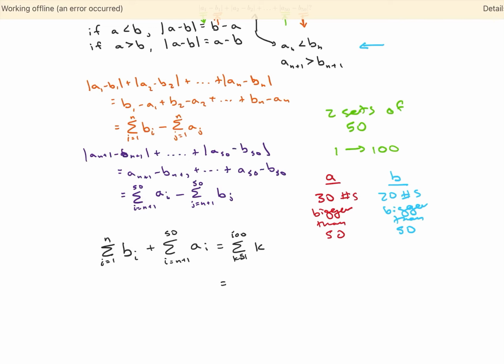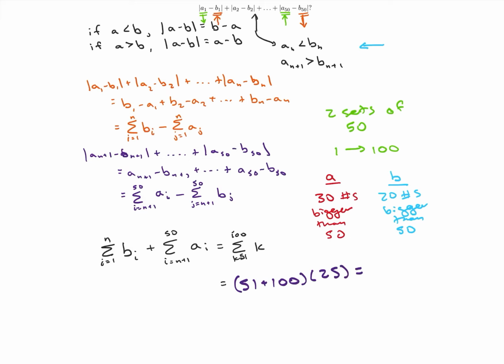If I just want to calculate the sum of these 50 numbers, then I know the first number plus the last number is going to be the same as the second number, 52 plus 99, which is the same as 53 plus 98. And I can multiply that by 25 to get that total sum. And when I do that, I'm going to end up getting 3,775.